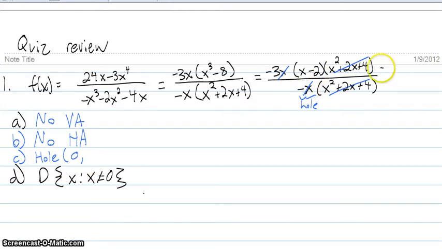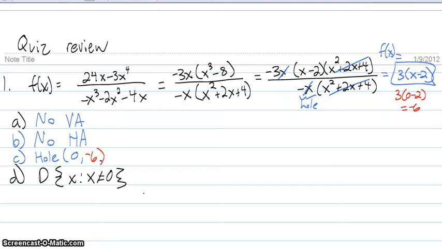So we look at what's left over when we have our simplified form, by the way, because we have to actually have our simplified form. And we get 3x minus 2. That's the most simplified this is. F of x is equal to that. And then we can plug in 0 for our hole. And when we plug that in, we get 0 minus 2 is negative 2 times 3 is negative 6. So when we have 0 for our hole, we get negative 6 for our y.